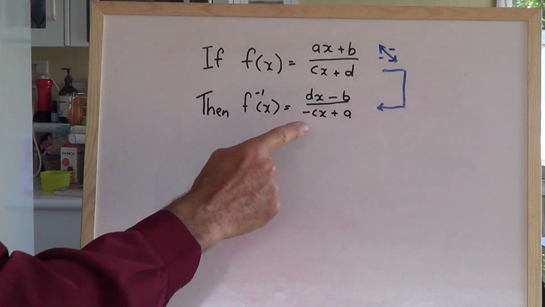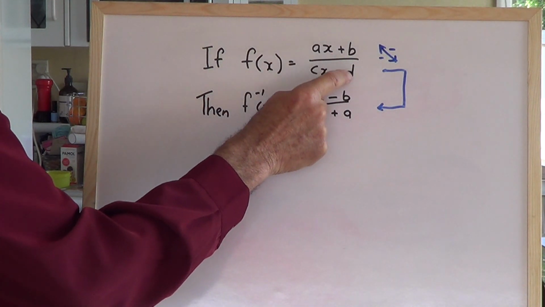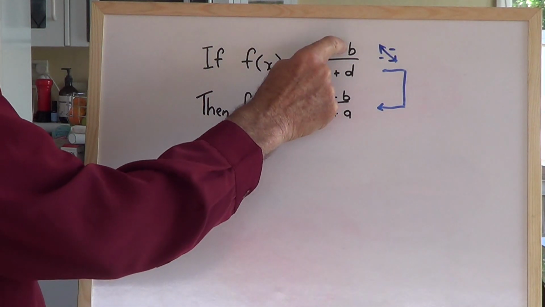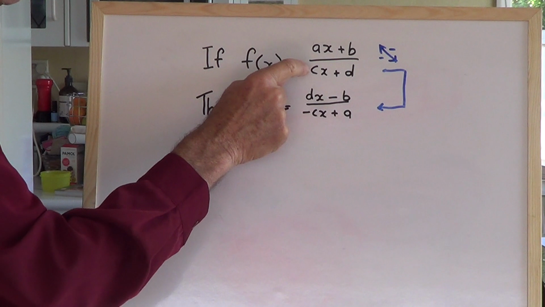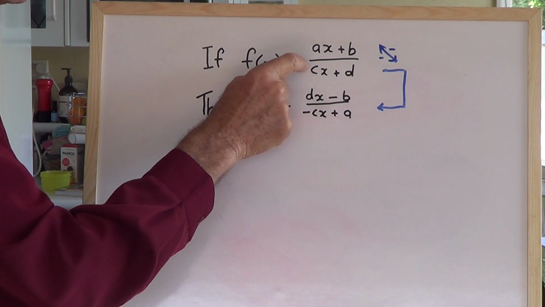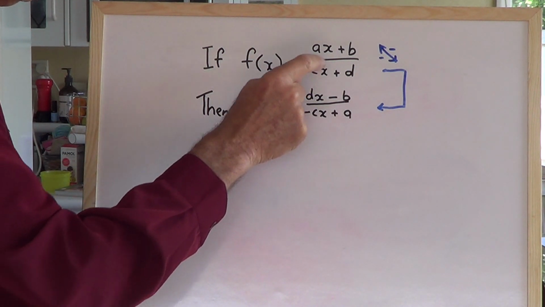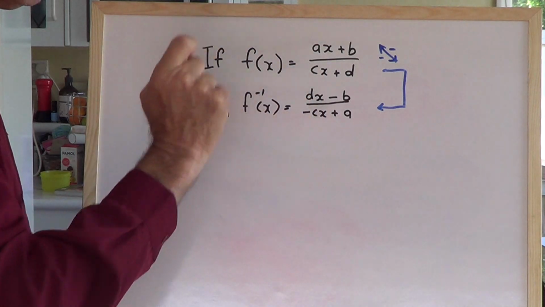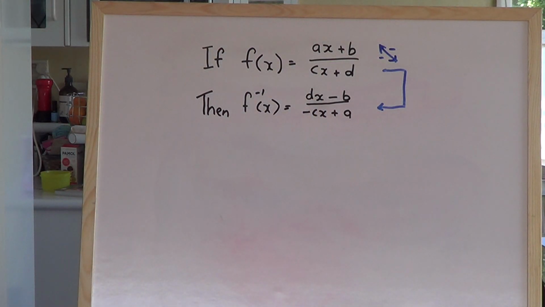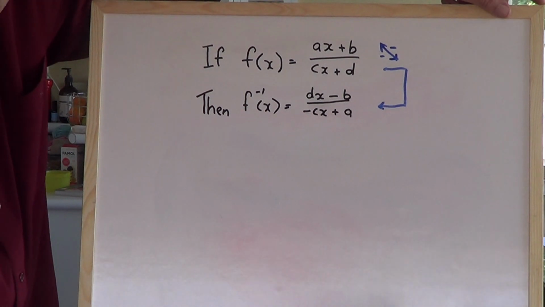Basically what you're doing is swapping those two things around and changing the sign on those two. Now there's no sign there, right? If there's no sign, it's plus. So it's minus b and it's going to be minus c. Now let's look at the next two lines when we work out the question.